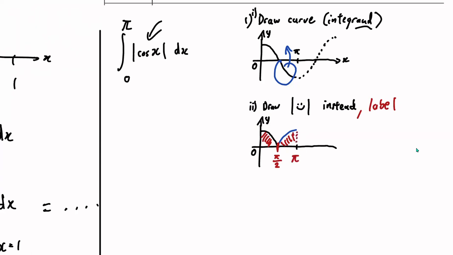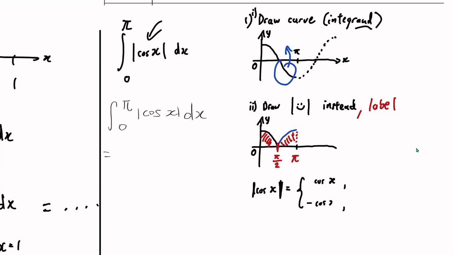What do you want? You want to integrate this into 2 pieces. So here you must understand cosine x modulus, in this case from 0 to pi, we're going to split it into 2 different functions, what I call a piecewise function. What do you think they are? Cosine x and then negative cosine x. Good. So you will stay as cosine x when it's positive.